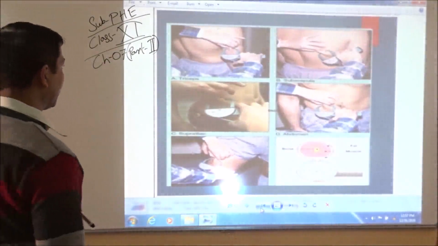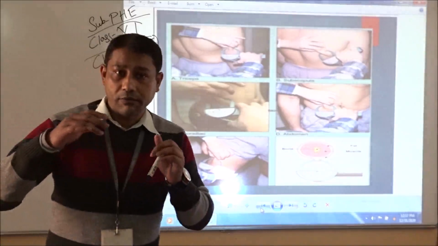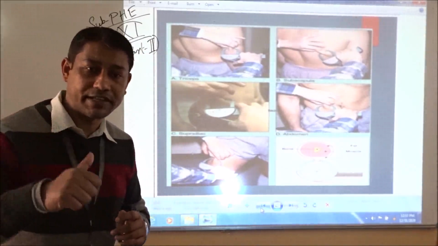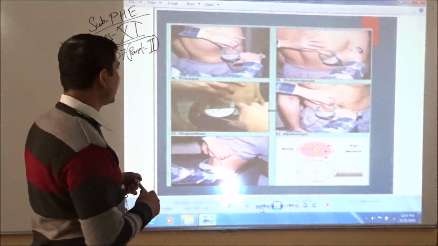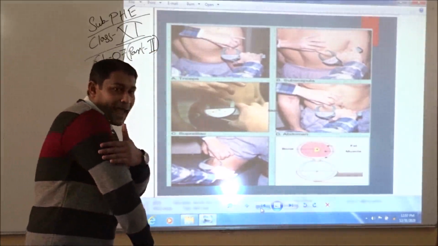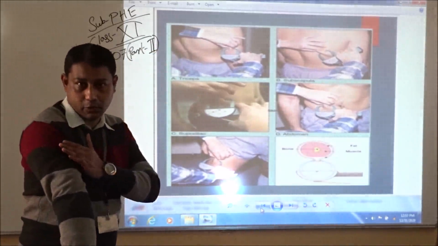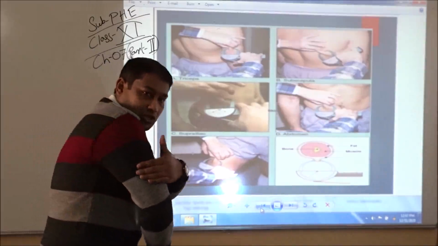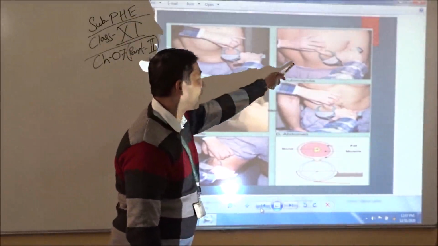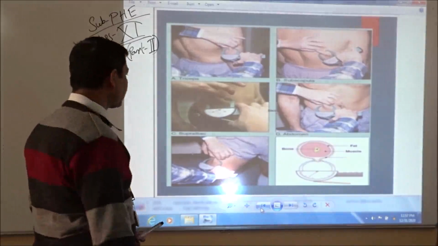Basically, you can see in the image the various body parts are being measured with the help of the caliper. As you can see, the tricep measurement is taken. Tricep means the back portion of our arm; the frontal portion is bicep and the back portion is tricep. Next is subscapula, the back side of the rib.